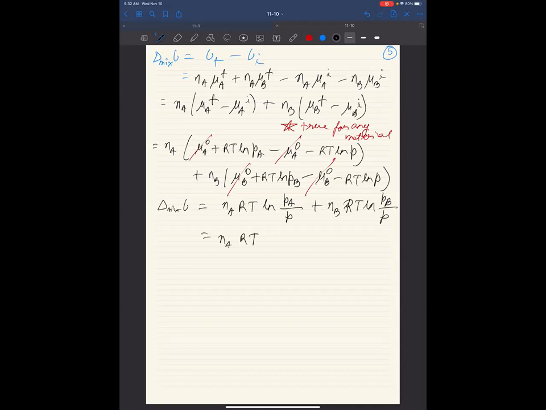It is the mole fraction, X_A, right? So this is N_A RT ln X_A plus N_B RT ln X_B. Therefore, delta mixing G per mole is going to be this thing divided by N_A plus N_B.